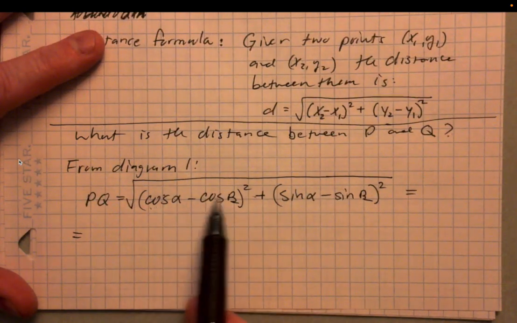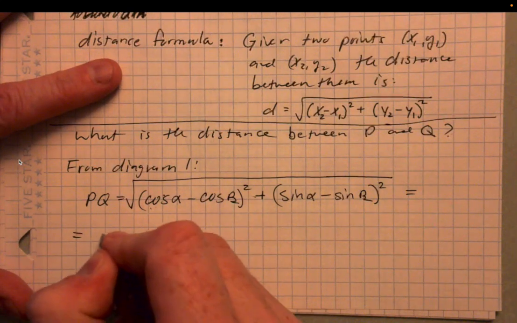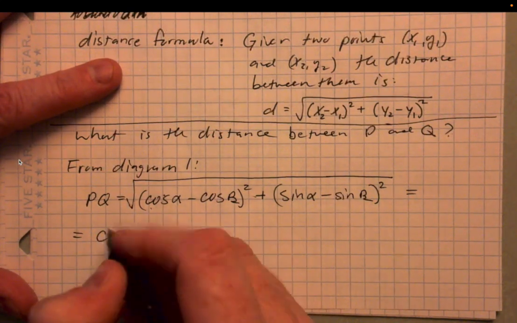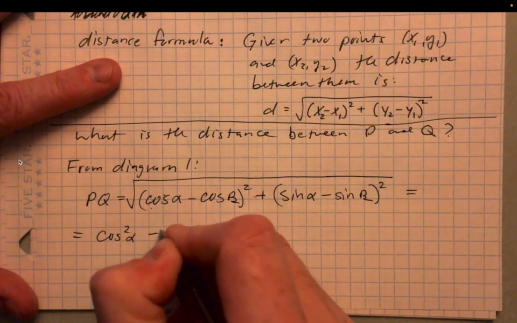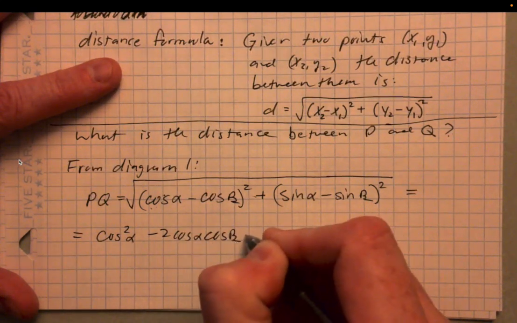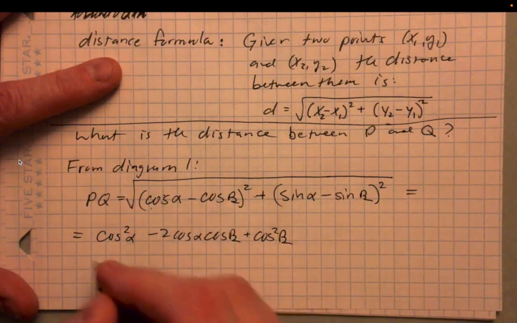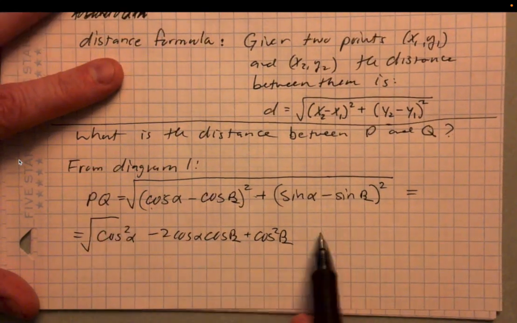So I've got cos alpha minus cos beta, squared, so I can kind of FOIL this out. And when I do that, I get cos squared alpha minus 2 cos alpha cos beta plus cos squared beta. That's this piece, and this is all going to be the square root still, but I've got more to write.